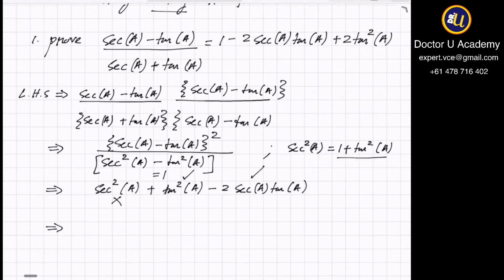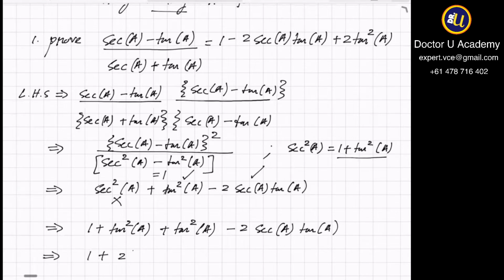So 1 plus tan squared a plus tan squared a minus 2 sec a tan a. If you do that, you will get 1 plus 2 tan squared a minus 2 sec a tan a, and that would be your right hand side.